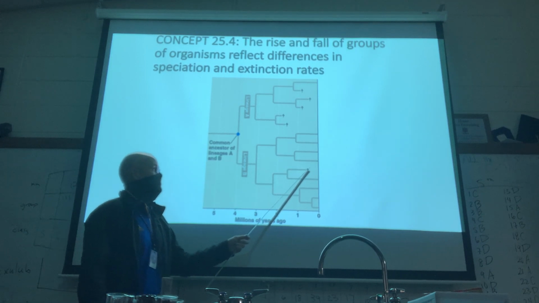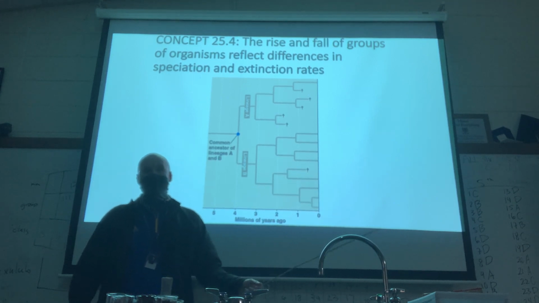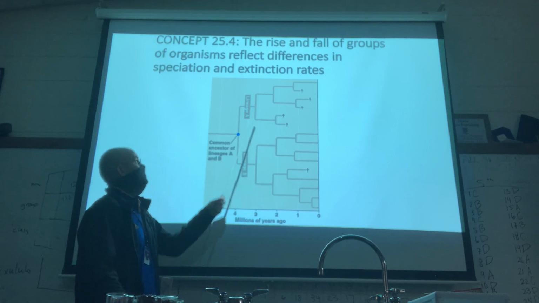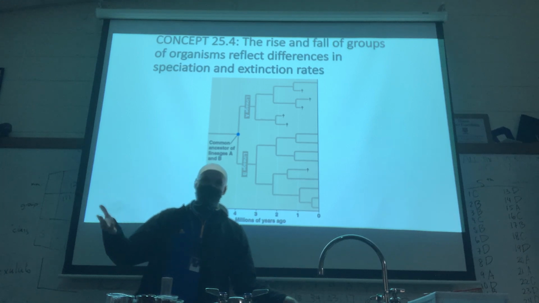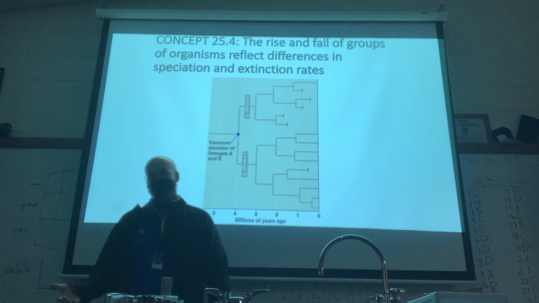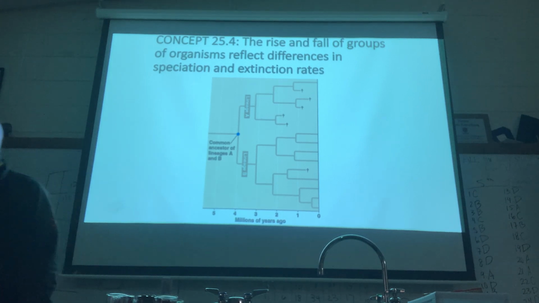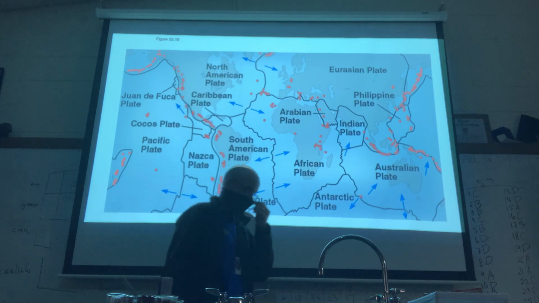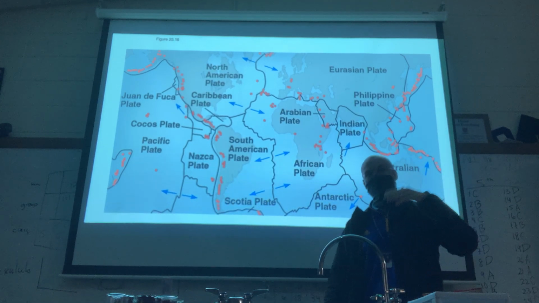Now, just because it goes extinct doesn't mean other branches don't keep going, and that's the nature of evolution. You're trying many different paths. Some continue on, some stop. That's speciation versus extinction.